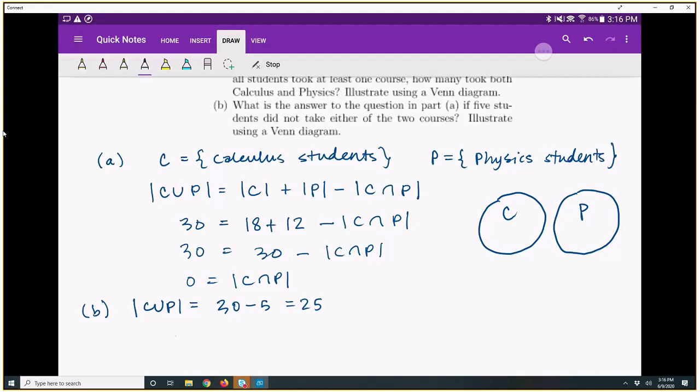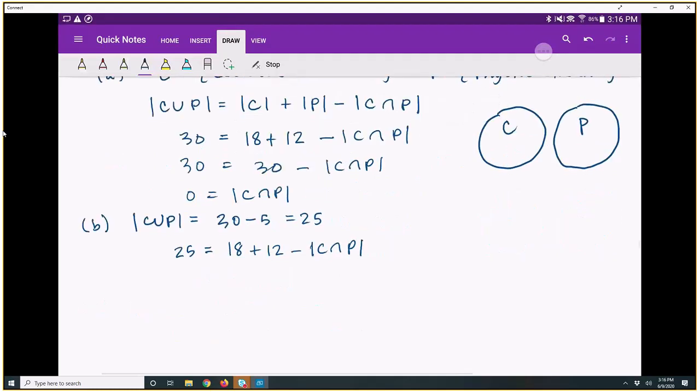And then we have 25 is equal to 18 plus 12 minus the intersection. So 25 is equal to 30 minus the intersection. So I can subtract 30 from both sides, and I get minus 5 is the negative of the cardinality of the intersection, so the cardinality of the intersection is 5.